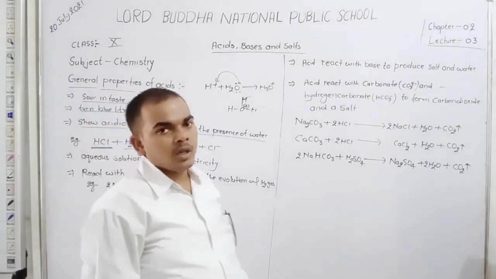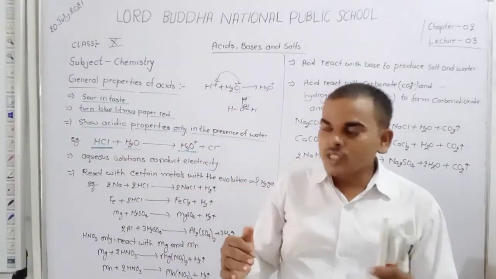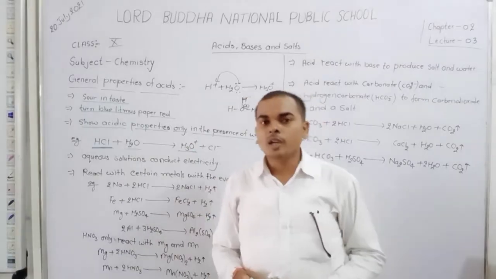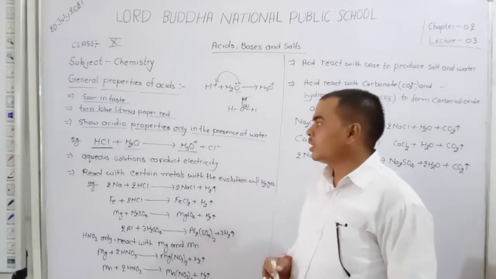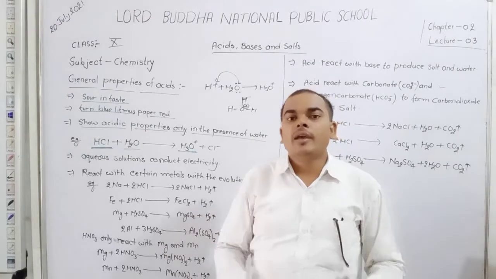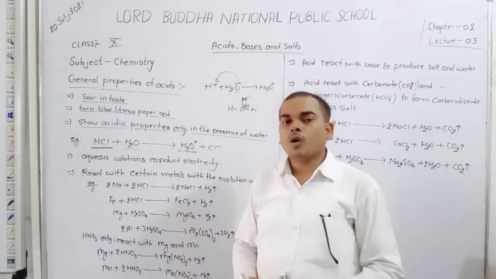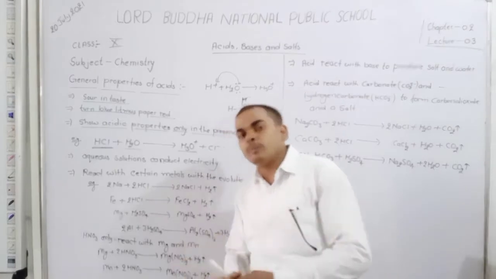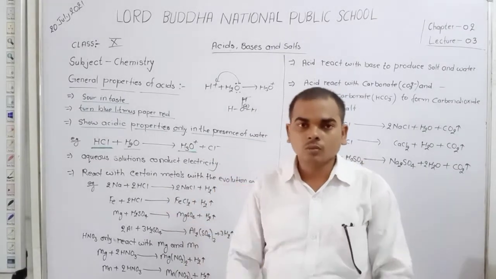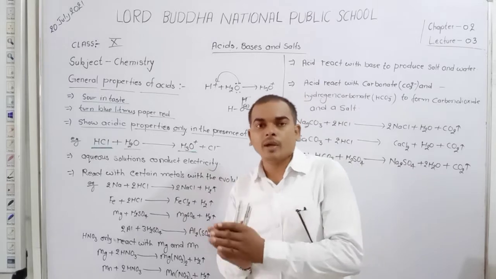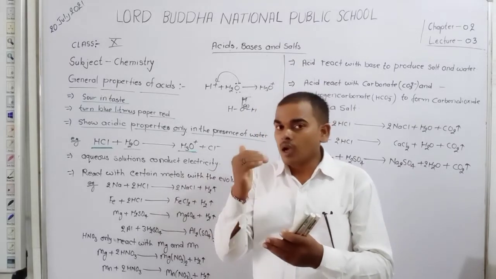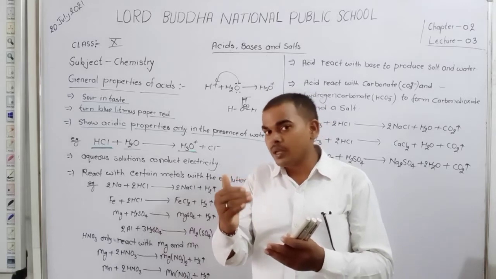Dear student, we always say acid shows acidic property only in the presence of water, because in water acid gives H plus ion. The H plus ion of the acid dissolves in water and produces the hydronium ion, that is H3O plus. H3O plus means hydronium ion. It is formed when acid gives H plus ion.